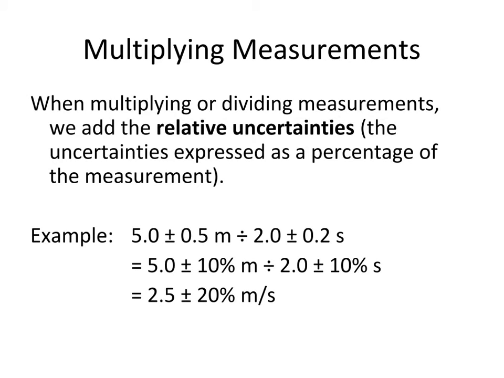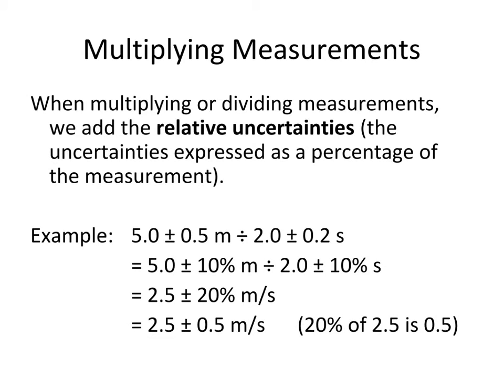So when we divide those values, we get 2.5, but then we add the relative uncertainties. So we end up with a relative uncertainty of 20%, and our units will be meters per second. So we convert that from a percentage to a measurable value, so 2.5 plus or minus 0.5 meters per second.